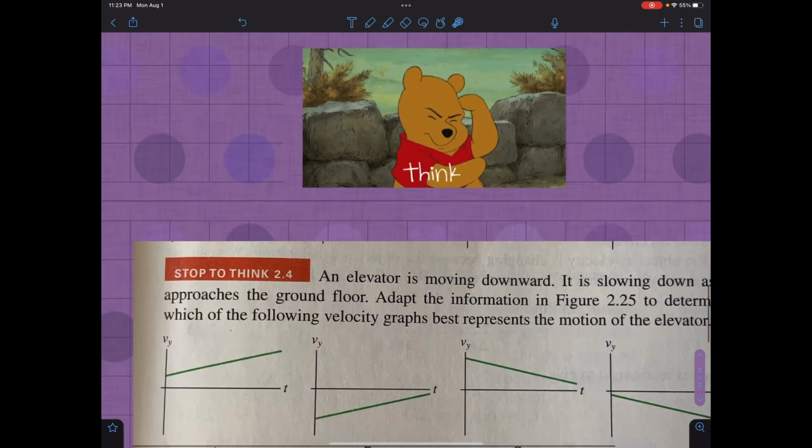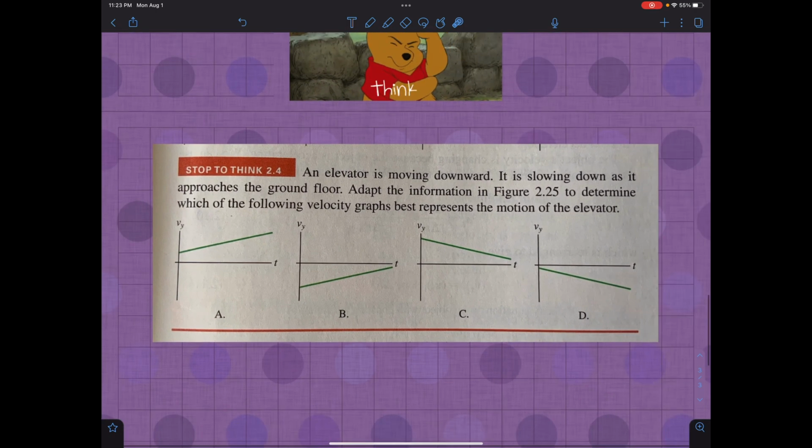Let's do this stop to think and make sure that we know this inside and out. Here we have, in this example, an elevator is moving downward. Now for me, it's hard to think of up and down as positive and negative velocity. So if you want to think about this as an object that's moving to the left, that's exactly the same as what we were doing before. But in this situation, the elevator is moving downward.